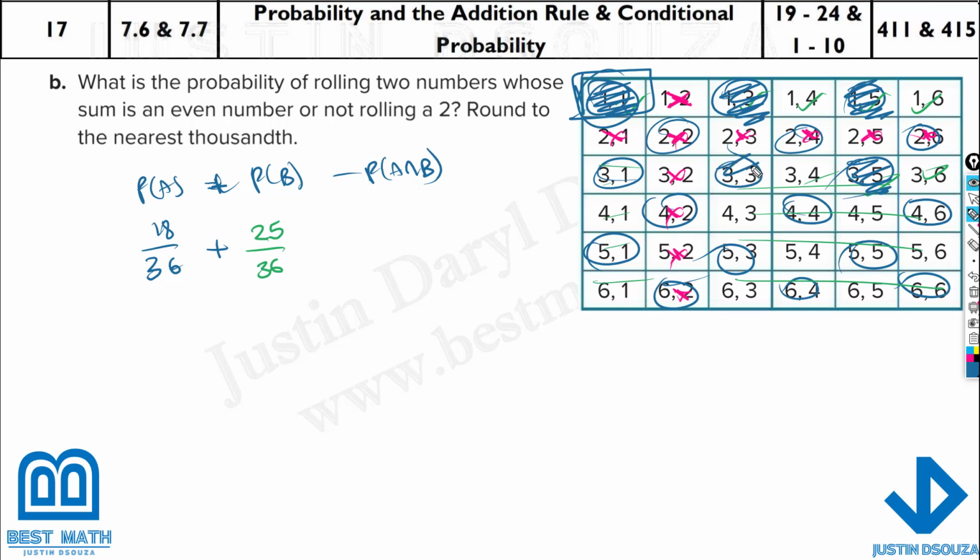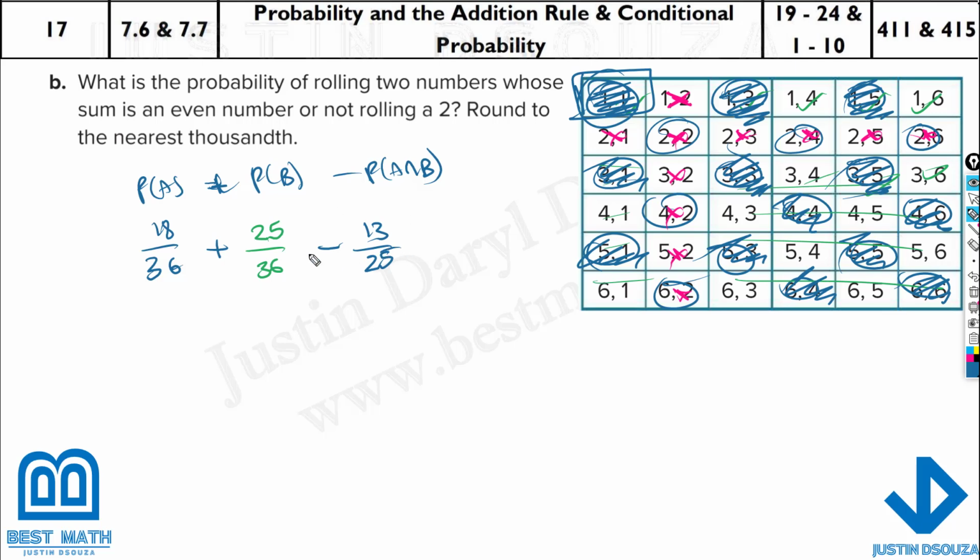See, all of them. 4, 5, 6, 7, 8, 9, 10, 11, 12, and 13. You can see over here, other than the ones which are excluded, all are selected for B, and whichever is there for A will be intersecting over here. So it's 13 intersecting, so minus 13 by 36.